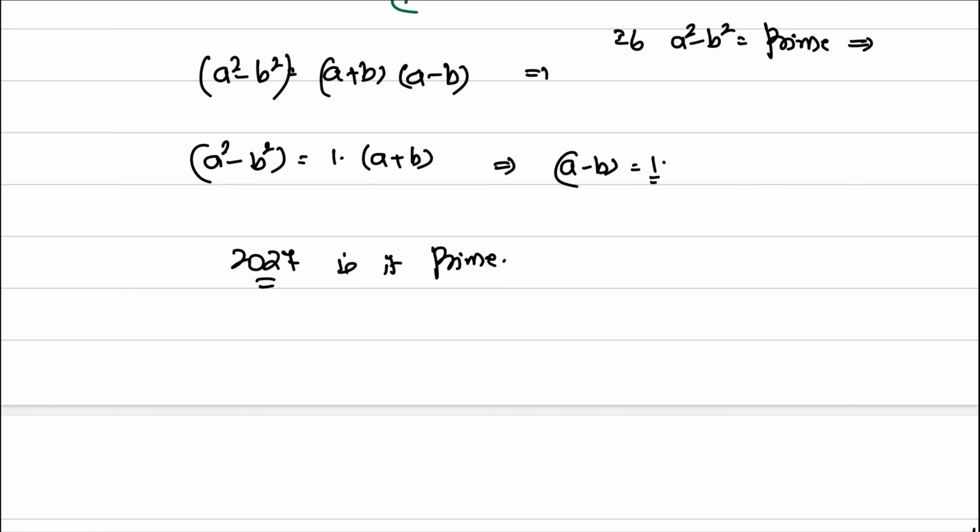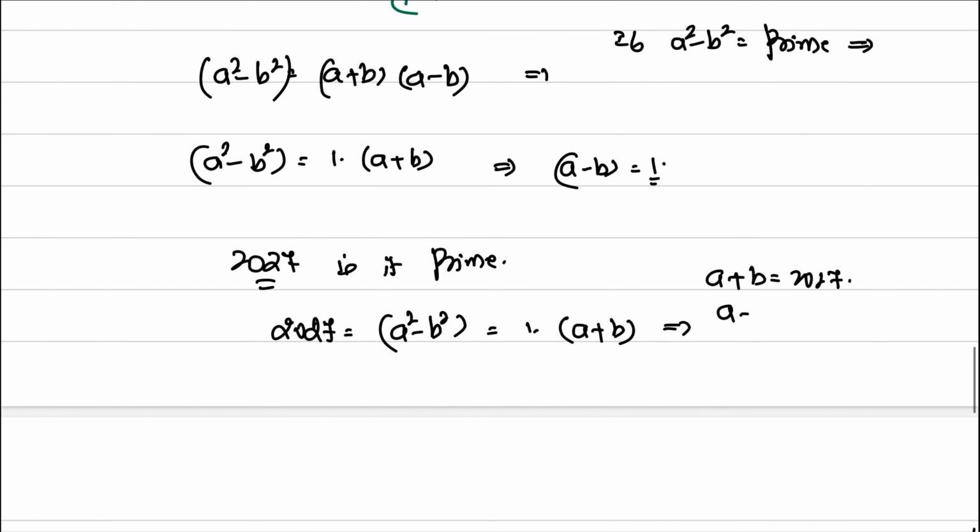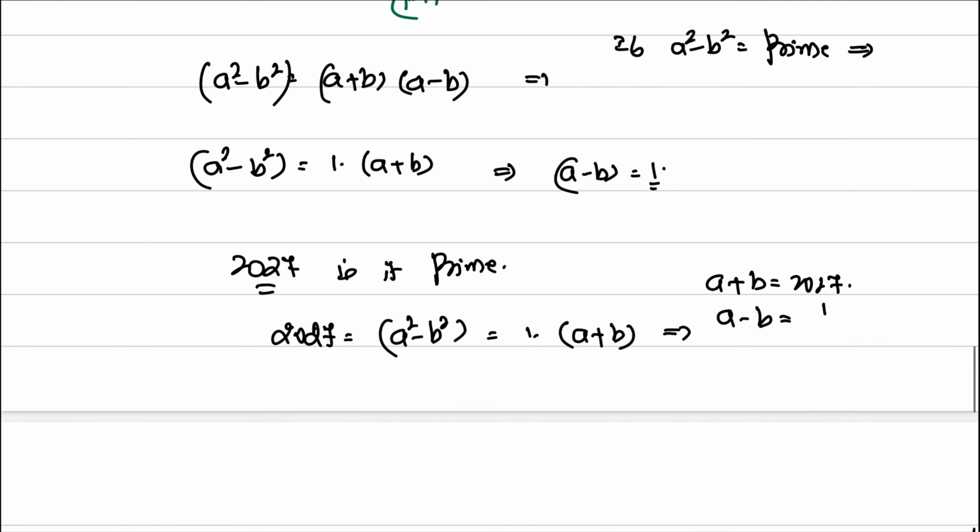Now, if it is a prime, it will be written as 2027 is equal to a square minus b square, that is equal to 1 into a plus b. That implies a plus b is equal to 2027, and a minus b is equal to 1.